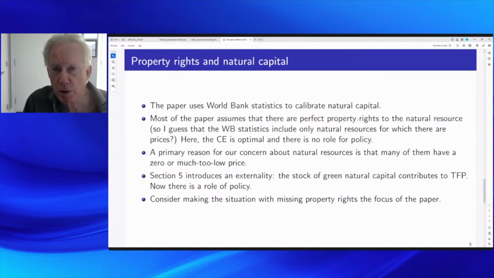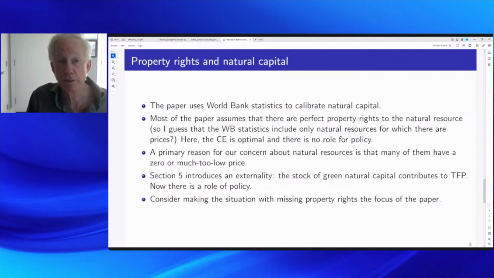But my point is that the reason we really care about the role of natural capital in this sort of setting is because the property rights are so weak, and because the externality is one of the most salient features of the problem.